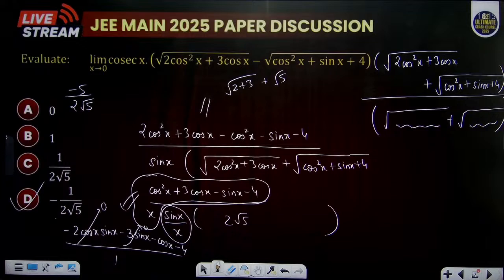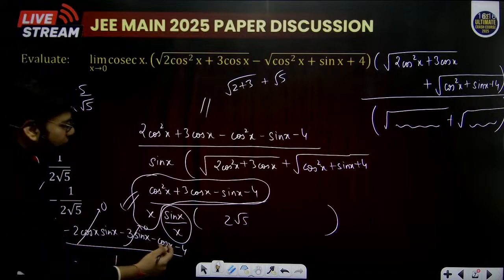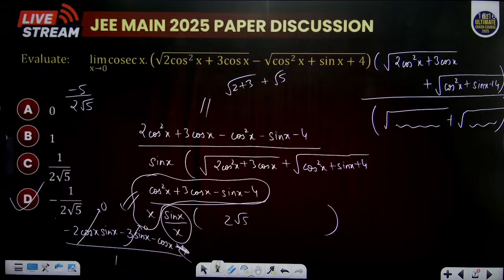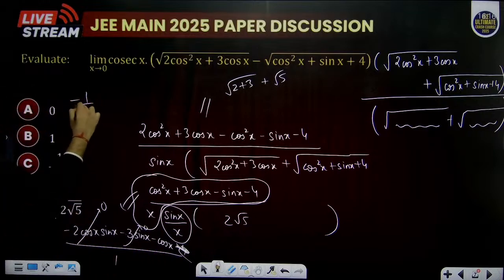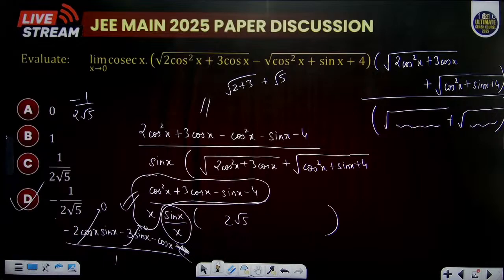Once we differentiated, so I'm getting 2 cos x into minus sin x, 3 cos x will become minus 3 sin x, minus cos x. 4 is gone. Since we differentiated, 4 will be removed. So this will become minus cos 0, that means minus 1 by 2 root 5, D option.